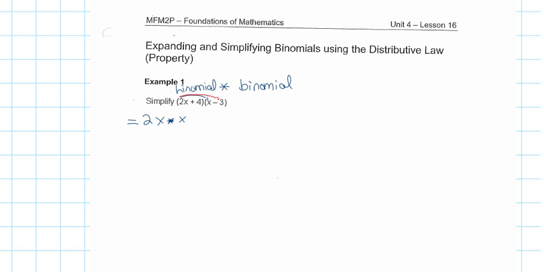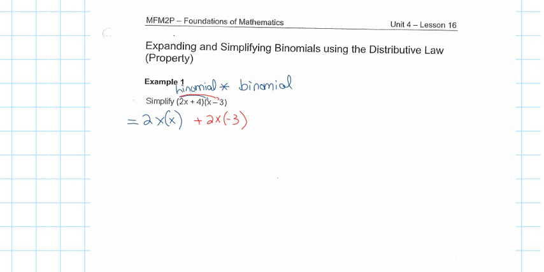So I have plus 2x times negative 3. Do you guys mind if I use bracket instead of multiplication? It's easier. Can I use bracket here? Because I like brackets more than multiplication.